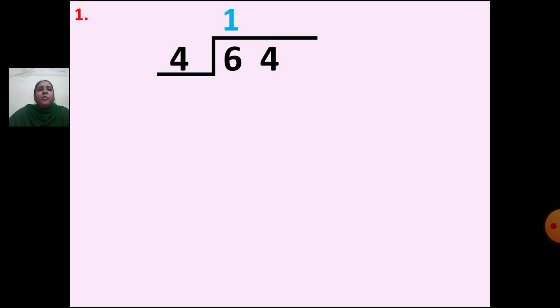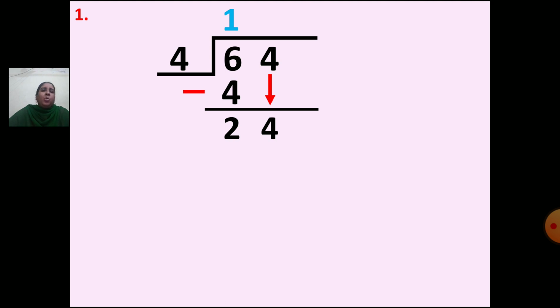Right? You will write 4. Then you will put the sign of minus. You will draw one line. Now 6 minus 4 is how much? 2. Right? Now you will draw one arrow. You will bring 4 down.